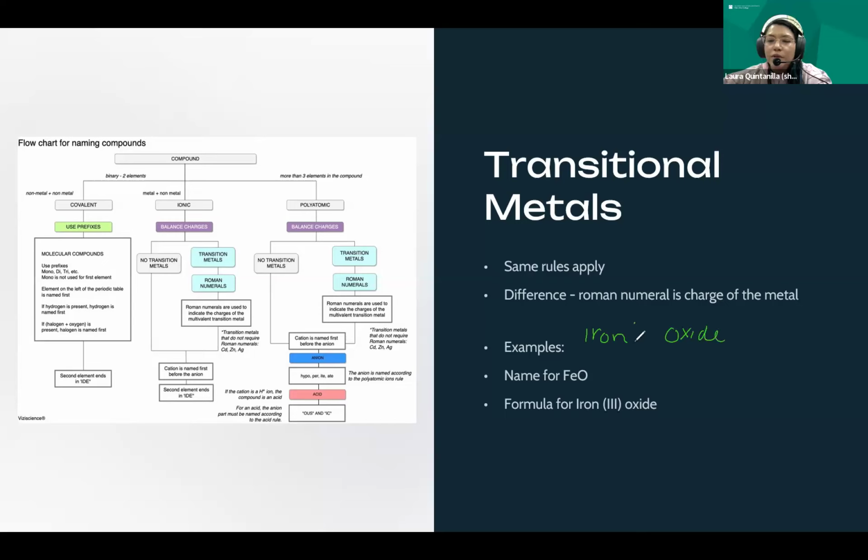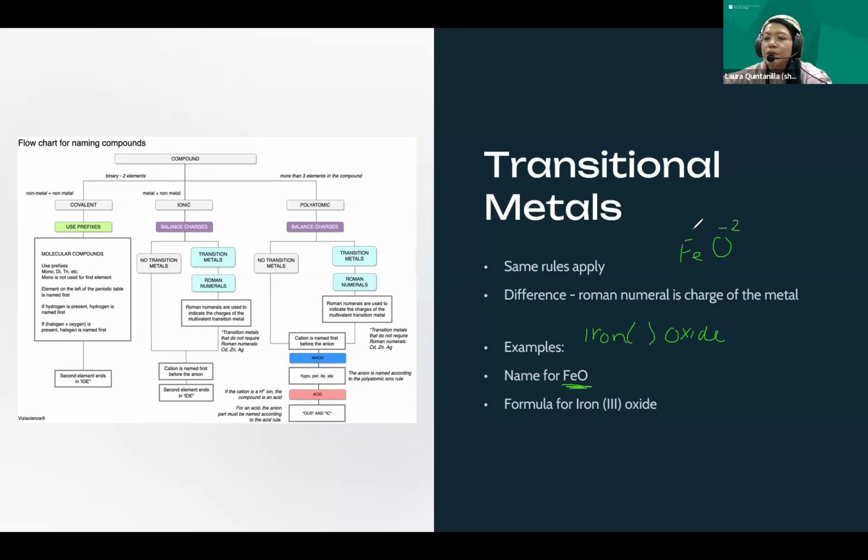But we need to figure out, well, what's the charge of the metal? We do have this formula here. And iron is transitional, so it's either a +2 or a +3. How do we know which one it is? We're going to look at its partner. Oxygen is always a -2.